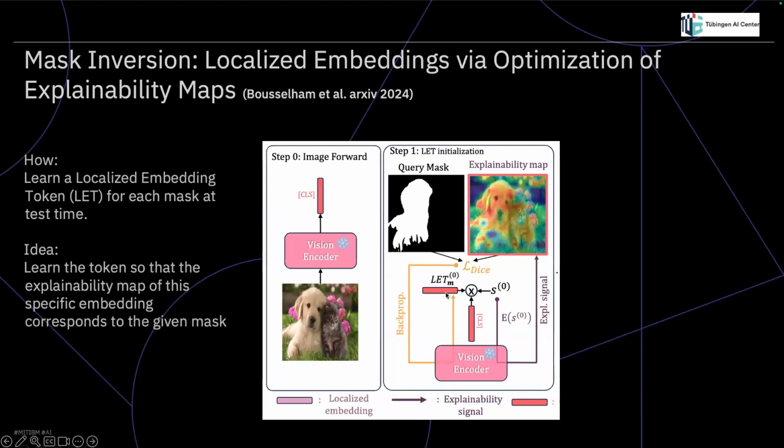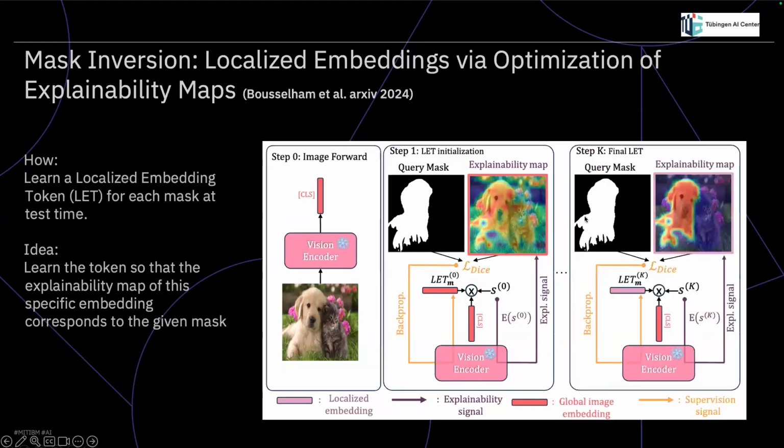But what we now want is to change the parameters in this embedding token in a way so that the explainability map of exactly this token maps as well as possible to our query mask. So technically, we are optimizing the floats in this token with respect to the dice loss, just the region matching loss of the explainability map of our token with respect to the query map.